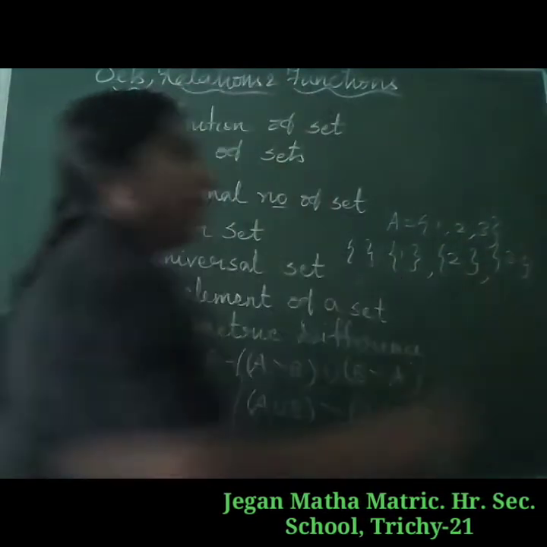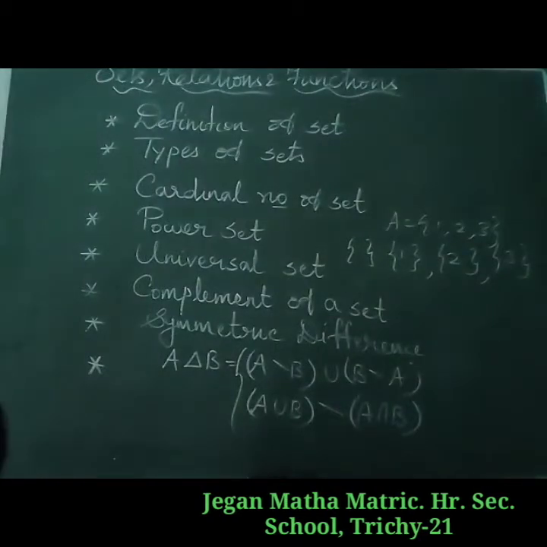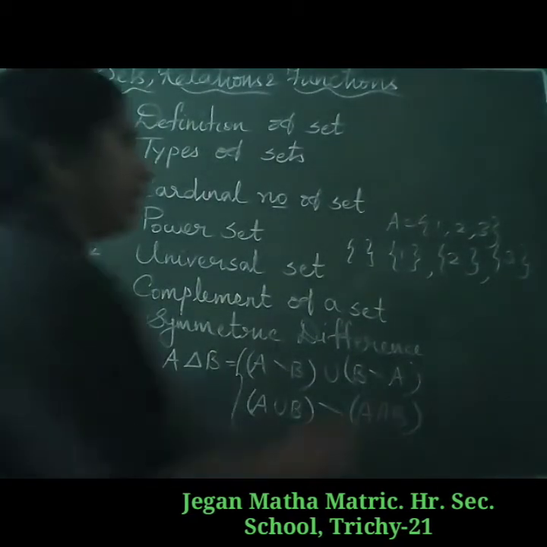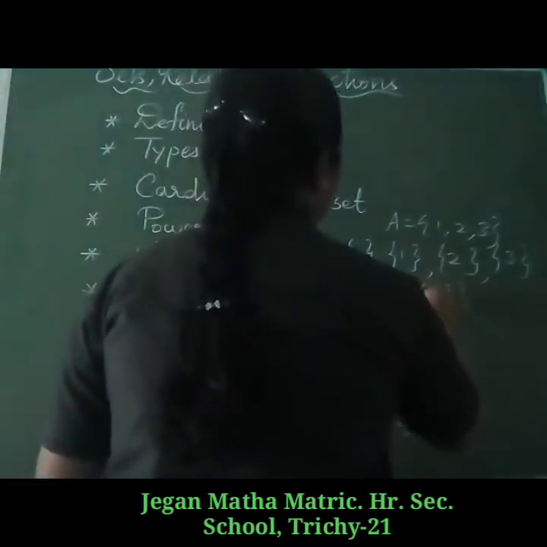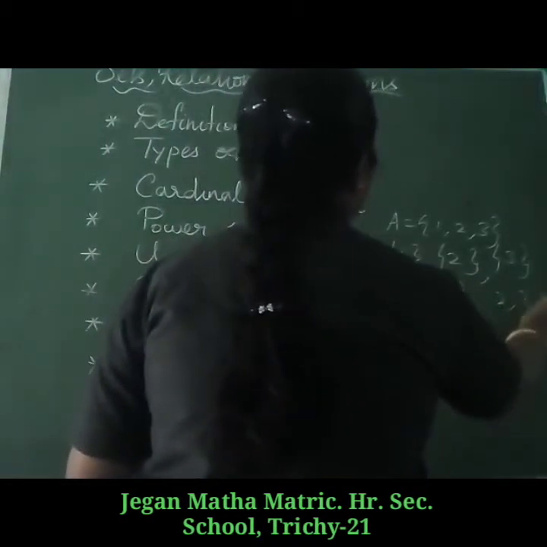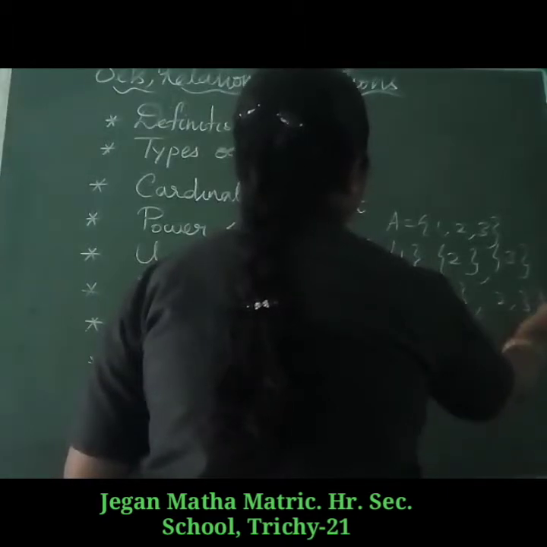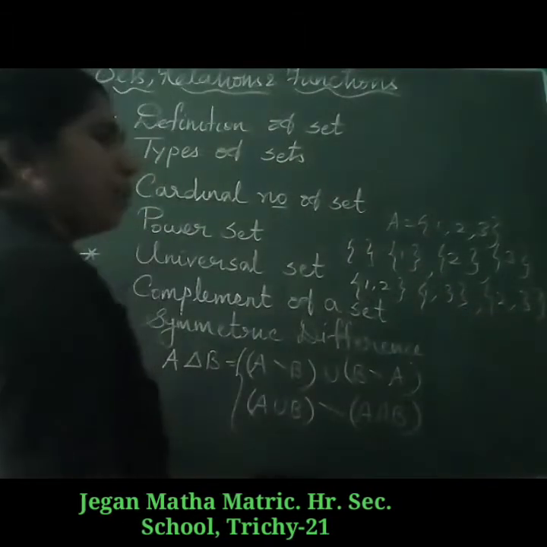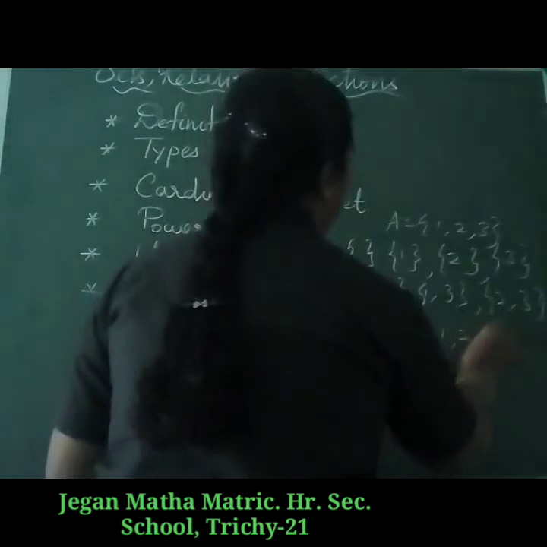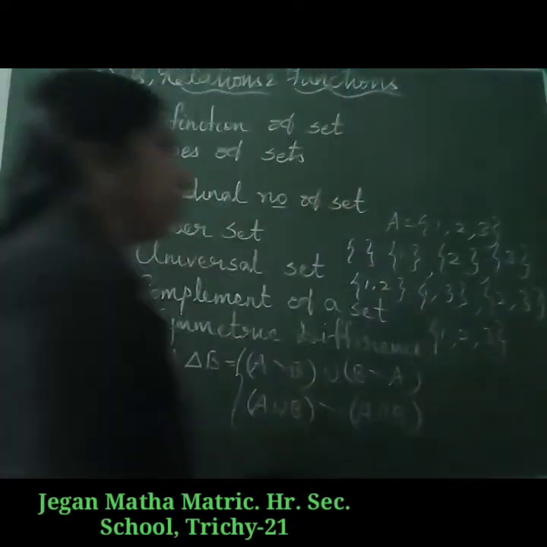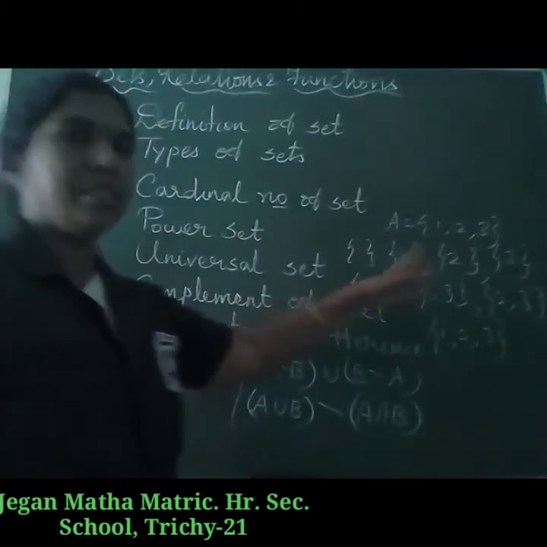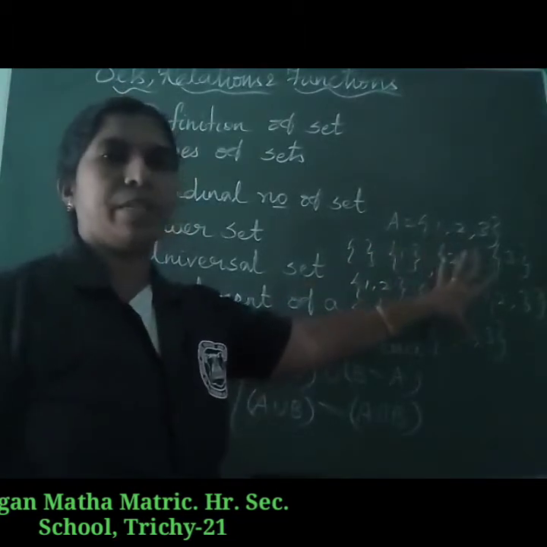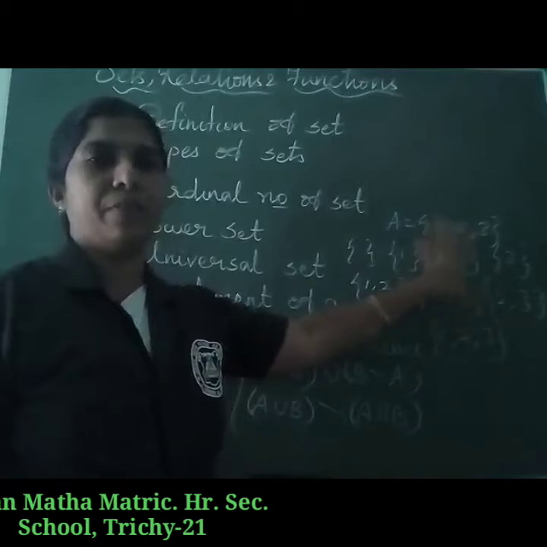Next, two elements together: {1, 2}, {1, 3} and {2, 3}. The last one, {1, 2, 3}. These are the subsets of the given set. The set of all subsets together is known as the power set of the given set.